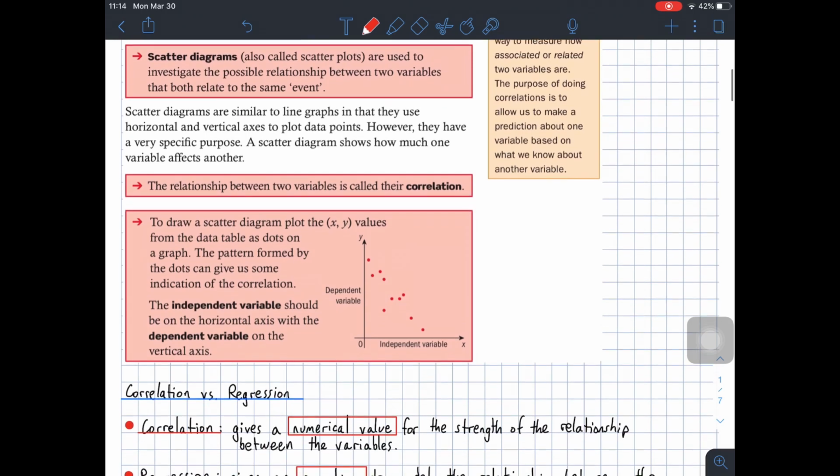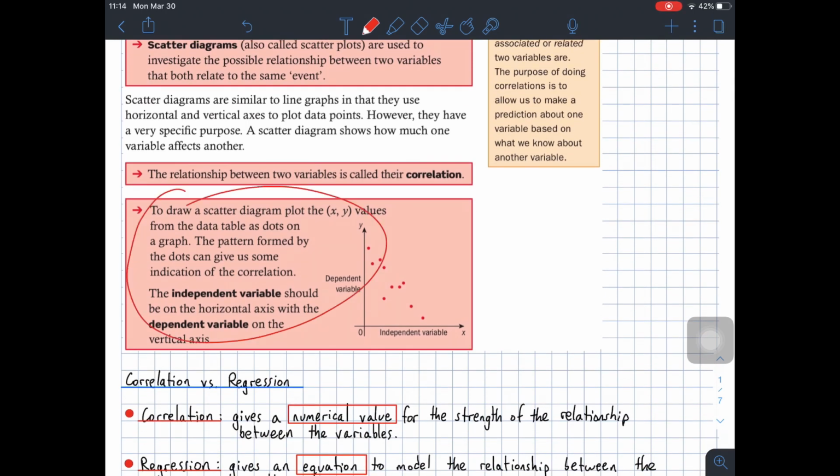Okay, then it says, to draw a scatter diagram, plot the XY values from the data table as dots on a graph. It's like drawing a straight line or a curve, we do the same thing. The pattern formed by the dots can give us some indication of the correlation. This is very important for you to remember.